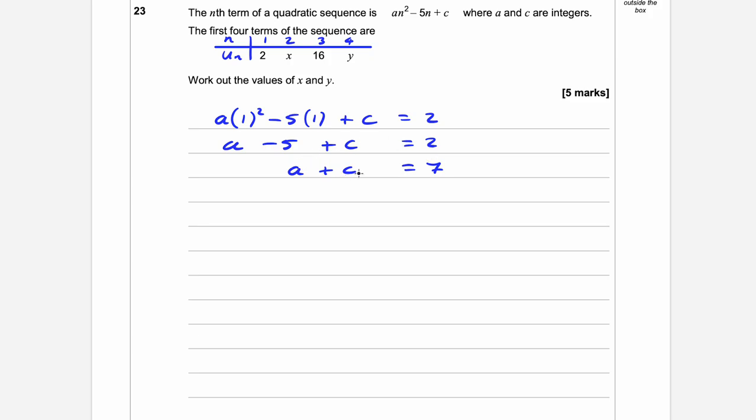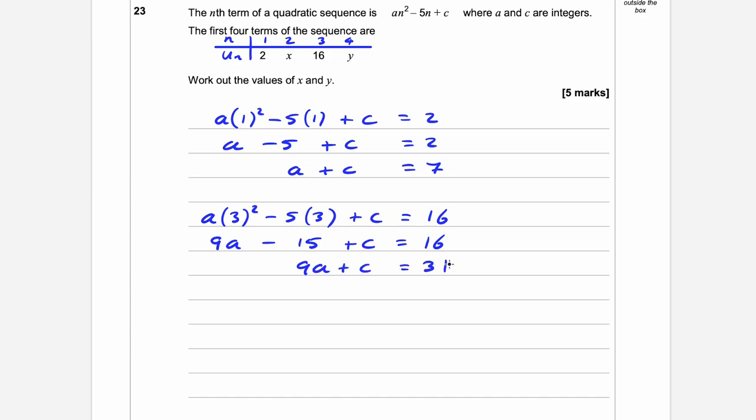Then I'm going to use the 16 one. When n is 3, a times 3 squared minus 5 times 3 plus c gives 16. Similar situation: 9a minus 15 plus c equals 16, so 9a plus c equals 31.